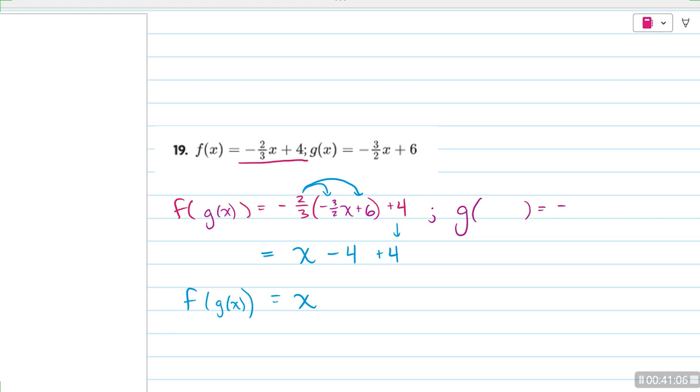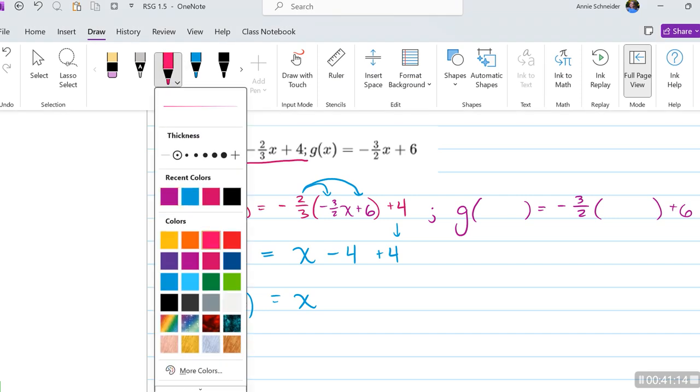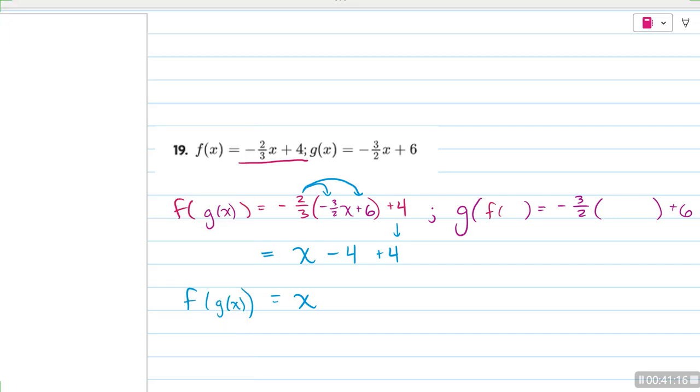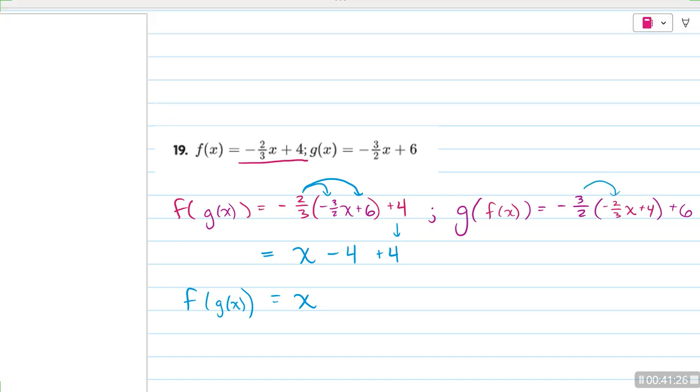So our function g starts with negative 3/2 x. I'm going to leave a space, and I'm going to add my plus 6 at the end. Now let's plug in our new input, f of x. So negative 2/3 x plus 4. And once again, we're going to distribute. We already determined that negative 3/2 times negative 2/3 is just positive x.